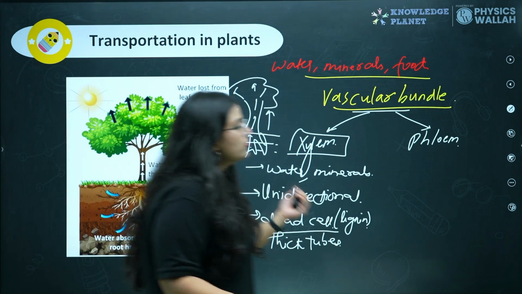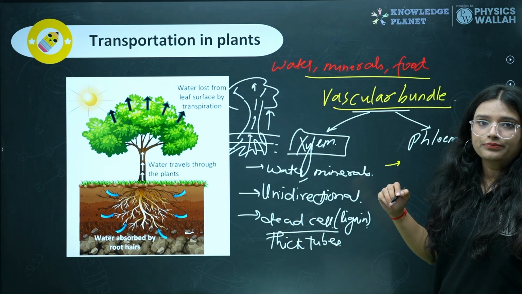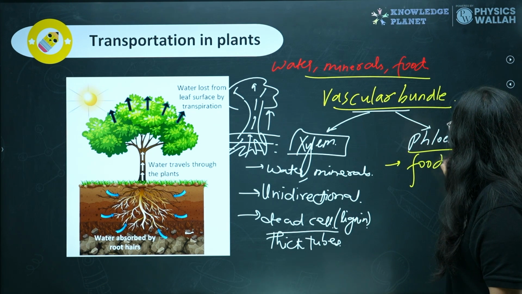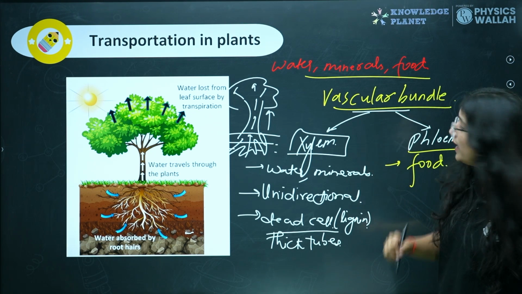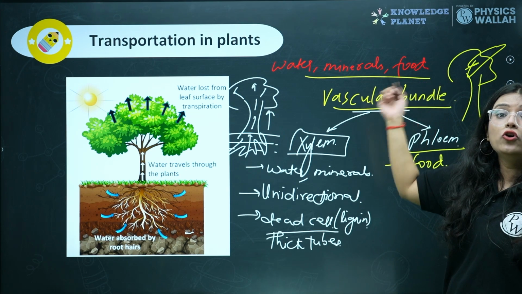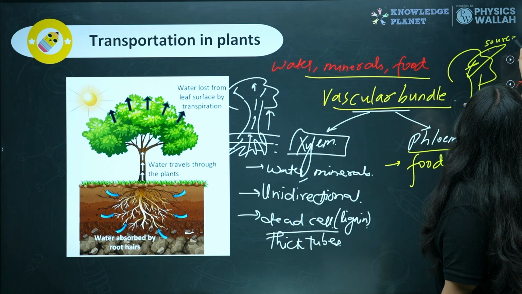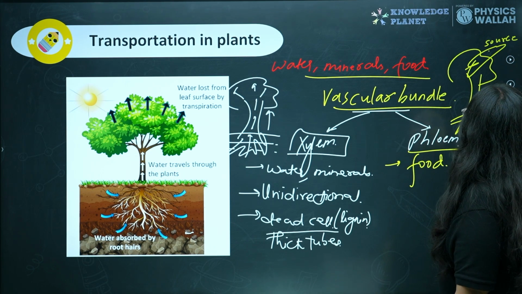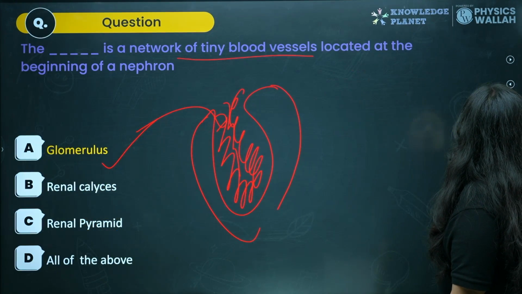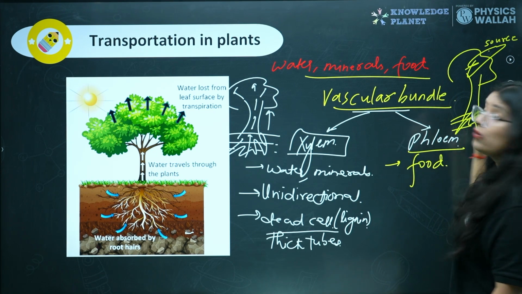Now let's talk about the organic or soluble substances, which is the food material. We have another vascular tissue, phloem, that helps in the conduction of soluble material, that is food. Suppose the leaves, during photosynthesis, make food. That would be the source, and other plant parts will be the sink, which requires the food.